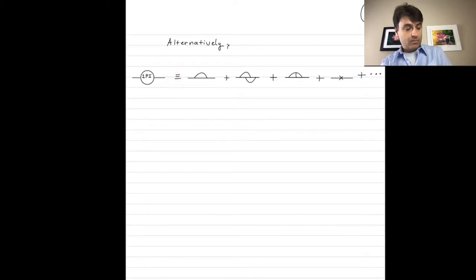And what I'm going to do is draw all the diagrams. I'm not going to include the external legs here on these particular diagrams, but I'm going to include all the diagrams that cannot be reduced to a single particle going through the middle by cutting in some way.